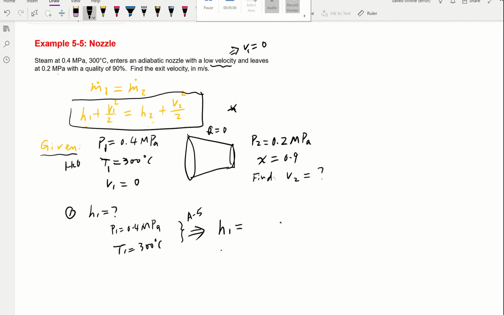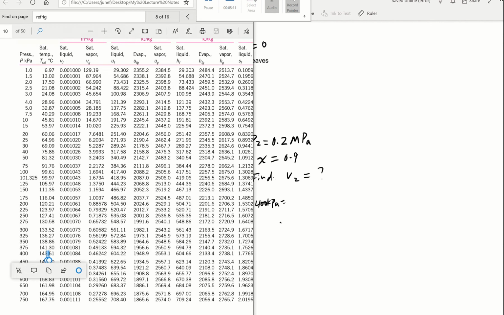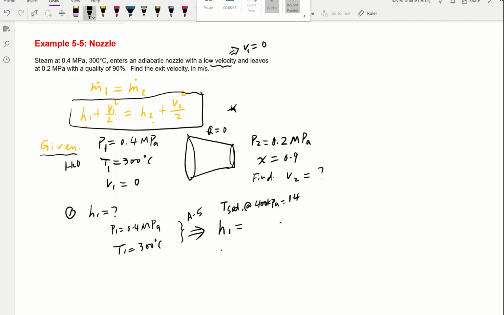So we found out that the saturated temperature at 400 kilopascal is equal to 143.61 degrees Celsius. And here we have to make some reasoning.